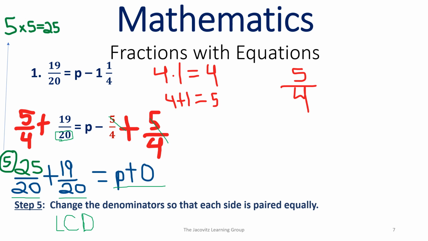But what do you do? You make sure that now you get a multiple that can go towards this, and 4 times 5 is 20. And a lot of students are getting this confused. 4 times 5 is 20, and then 5 times 5 is 25, and that's where you got the 25.